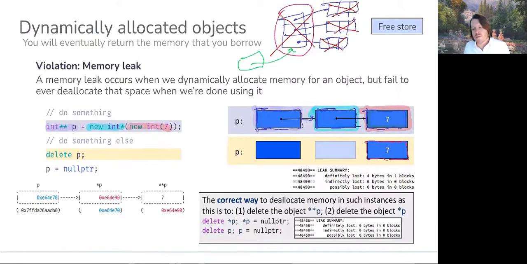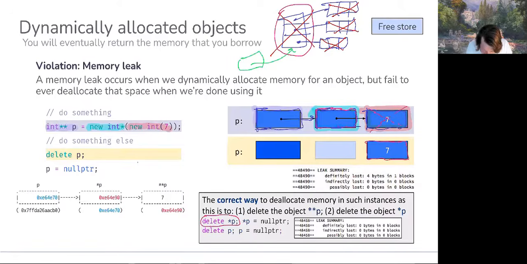So what is the correct way to go about this? The correct way is to deallocate memory by first deleting these intermediaries. With the two-dimensional array, it was deleting the rows. In this case, it would be deleting the object pointed to by P, so actually calling delete on the address stored within here, which would cause memory for that object to be deleted.